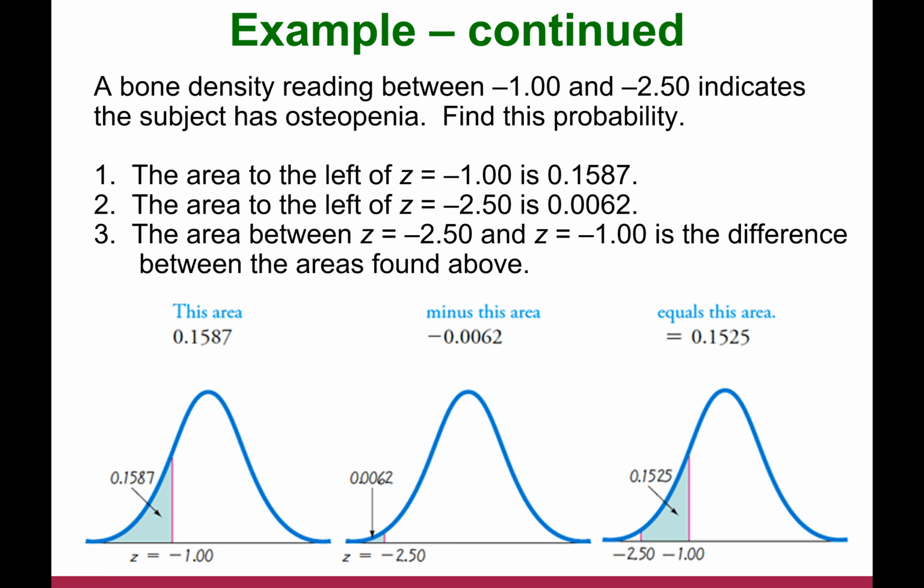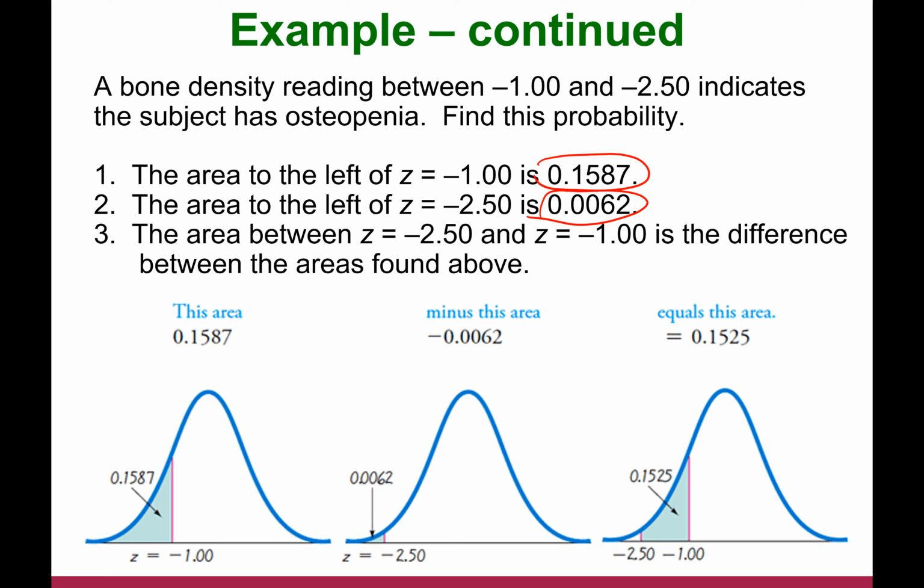Now one more time here. A bone density reading between negative 1.00 and negative 2.50 indicates the subject has osteopenia. Find this probability. So the area to the left of z-score equal to negative 1.00, we use table A2 to find that. We have the area to the left of negative 2.50 is 0.00862.